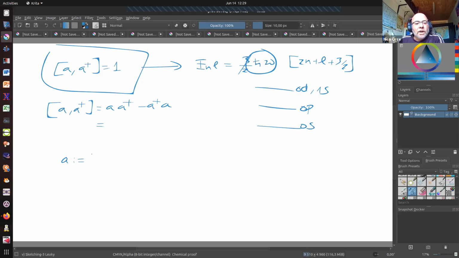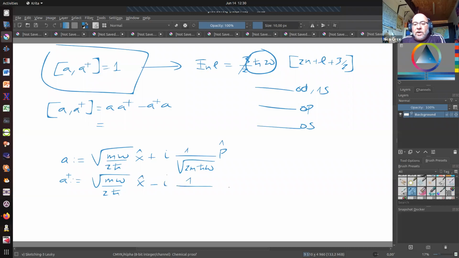A was square root of m omega over 2h bar times x plus i, and here we have, basically we just plug these things in there, 1 over square root of 2m h bar omega p, and these are operators, and A dagger equal to square root of m omega over 2h bar x, the same thing, but here we have a minus i 1 over square root of 2m h bar omega p, right? So basically we just plug, we just calculate, actually we can do this here if you want.